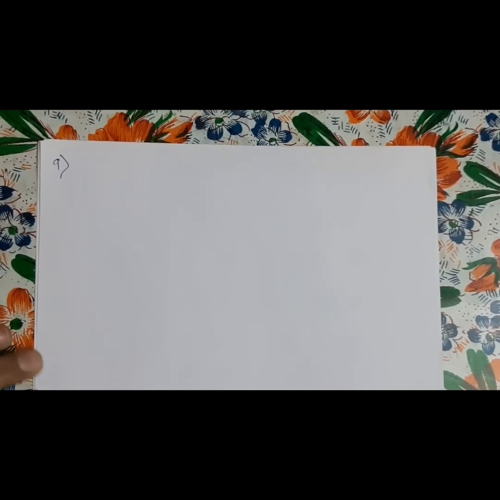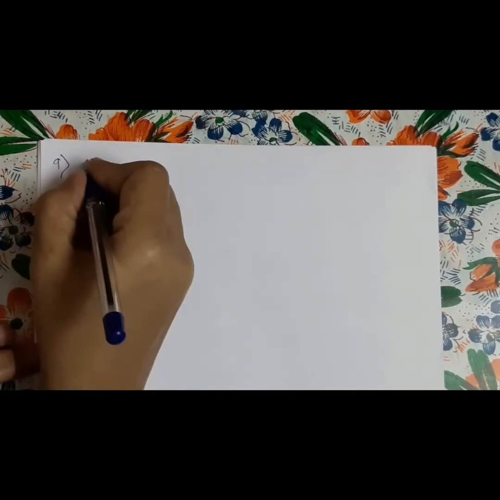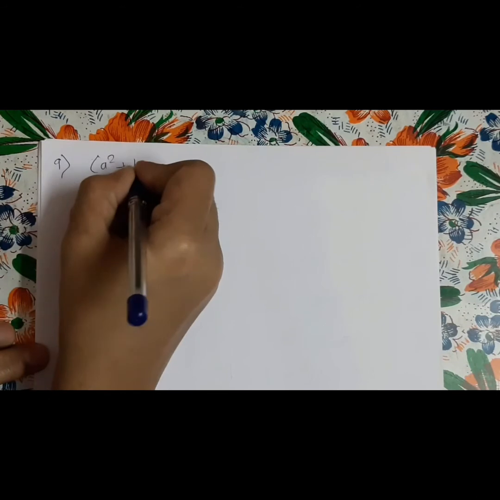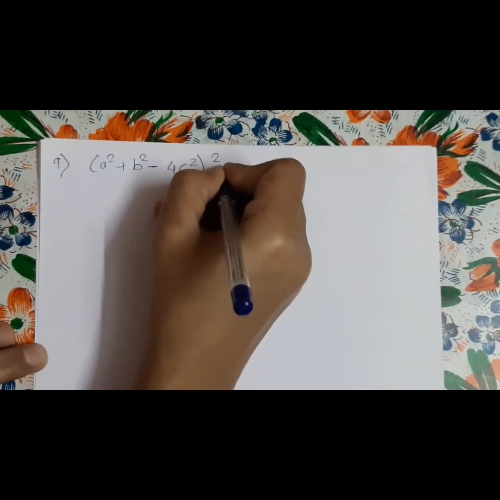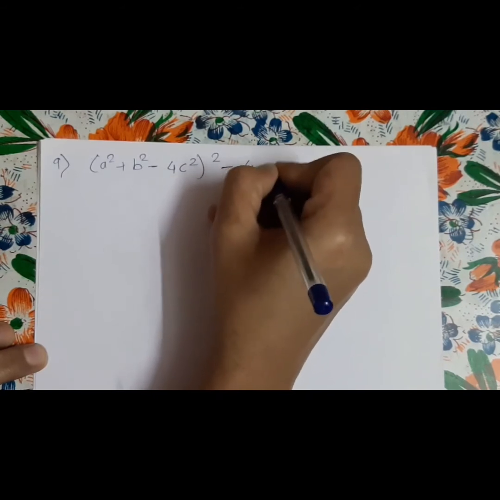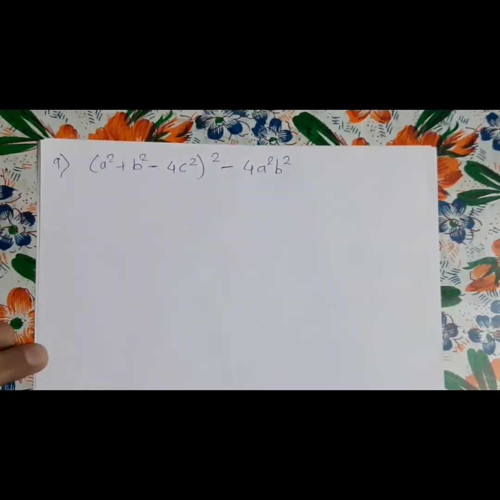Now we consider the next example. It is a square plus b square minus 4c square, its square, minus 4a square b square. So directly they have given us the difference of two squares. We'll use the formula x plus y into x minus y.